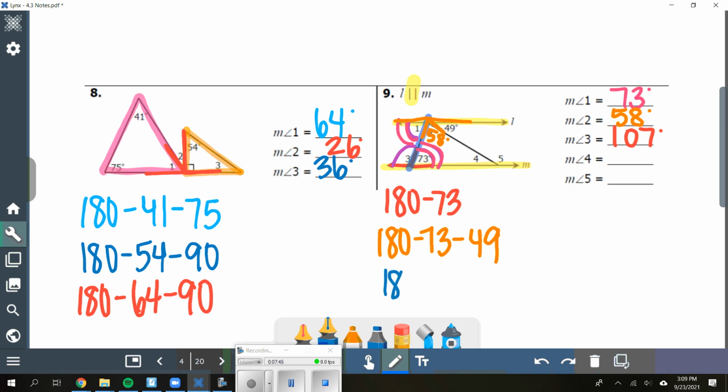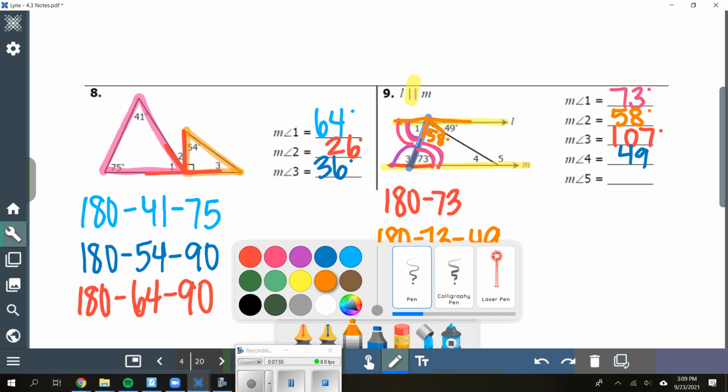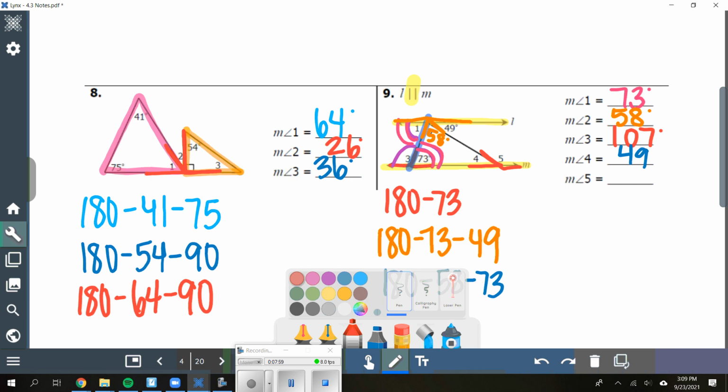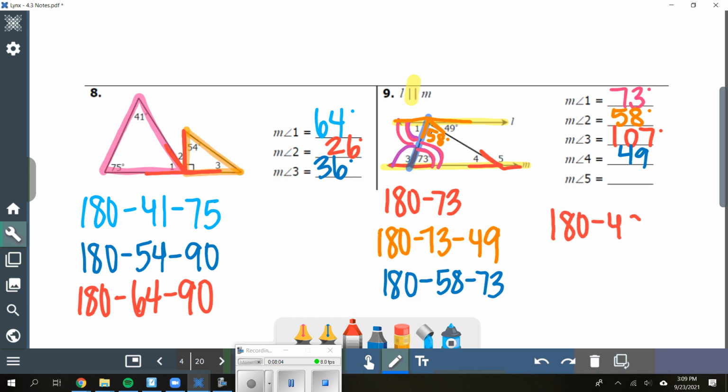So I can do 180 minus 58 minus 73 to get angle 4, which is 49. And then last, we have a linear pair again with 4 and 5. So I can do 180 minus 4, which is 49, to get angle 5, which is 135.